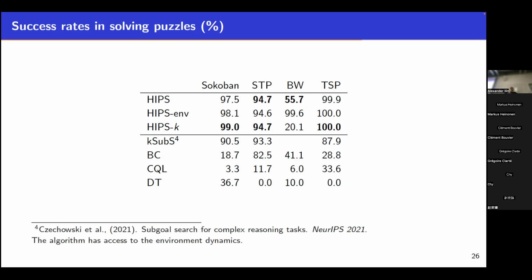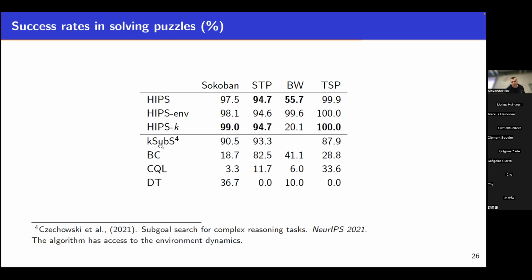In order to do that, we learn the dynamics of the environment. And in box world, we just didn't have enough transitions in the expert trajectories to learn a good model, because the experts were not doing very stupid things. So it was very hard to build a good model. But once we have access to this low-level world model, in the version called HIPS-env, you can see that we can basically solve box world as well.